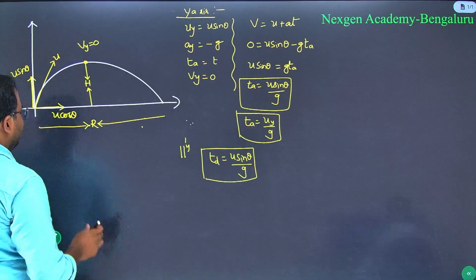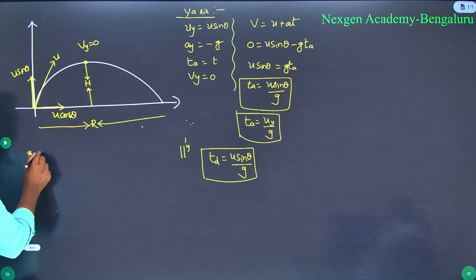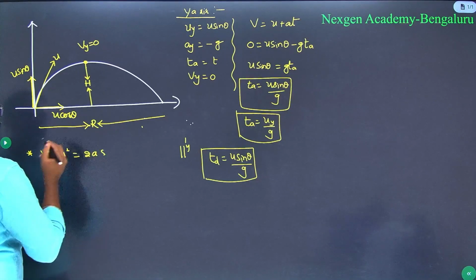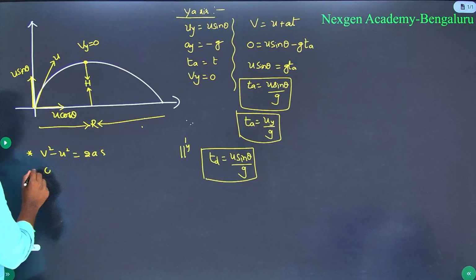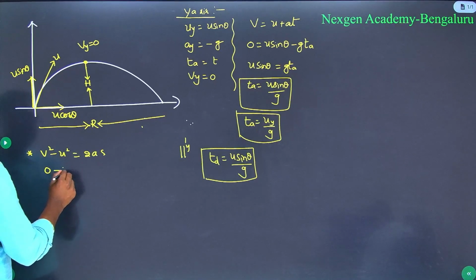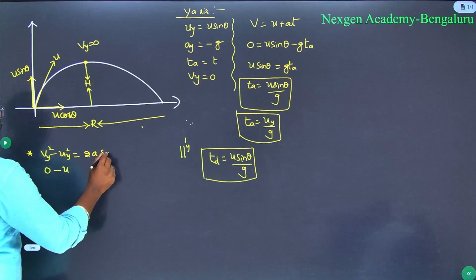So here we have a relation, v² − u² = 2as. Here v² is 0, and u² is uy², and in this way you can write it for y.